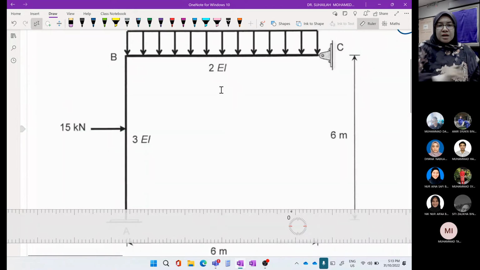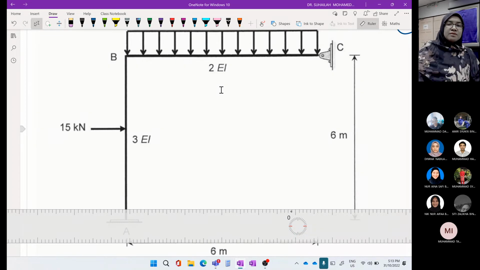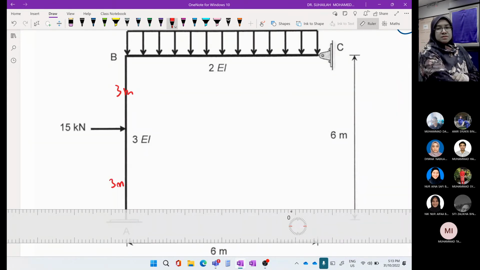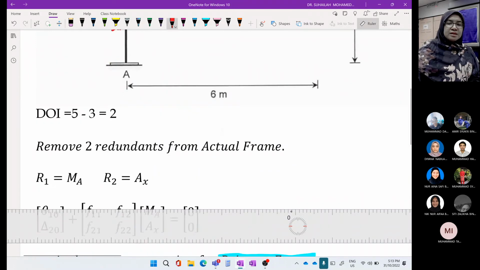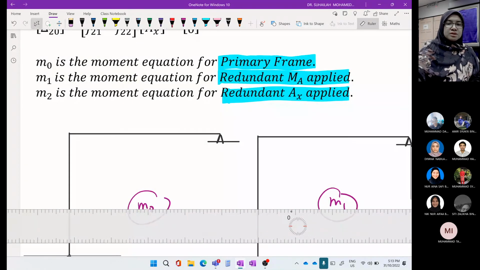We assume that the 15 is subjected at the center. AB is 3EI, BC is 2EI, so it is not constant. So 15 and 10.